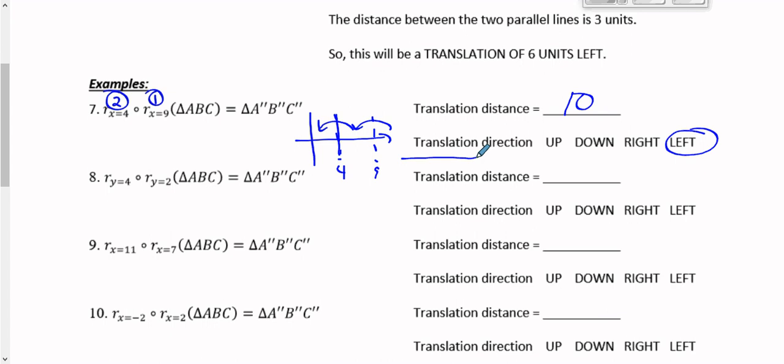All right. Now you guys try number 8. Figure out the translation distance and which way. Anybody give me the translation distance right now? Yeah, because between these two lines is 2. So our translation distance, now that we're looking at it correctly, is 4. Now you just got to figure out whether it goes up or down.